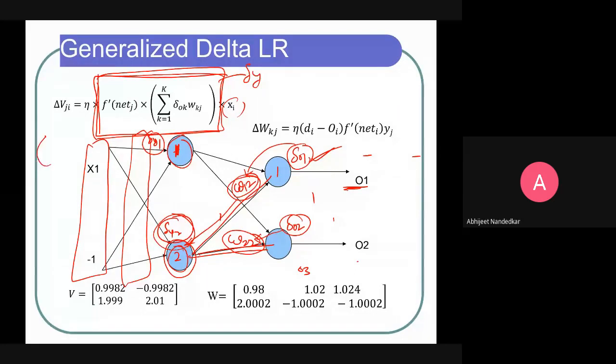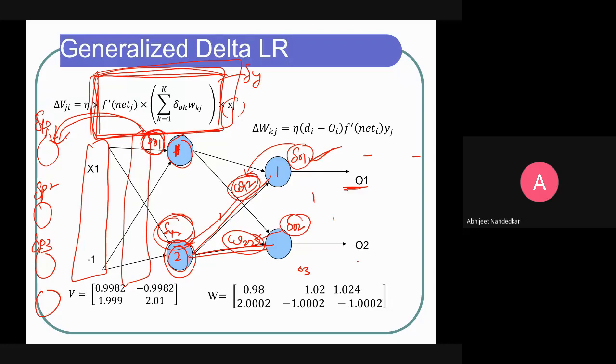Now suppose there is one more layer here. You will now use this delta y to compute, say, delta p1, delta p2, delta p3 and so on. What formula will you use to find this delta? Can you tell me? You'll use the same thing.